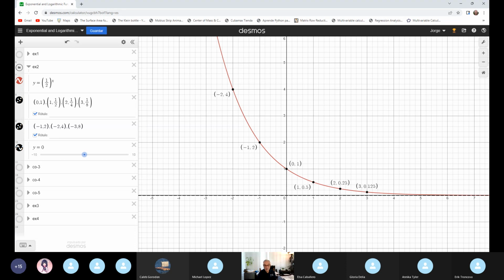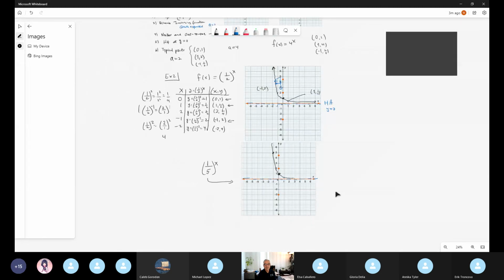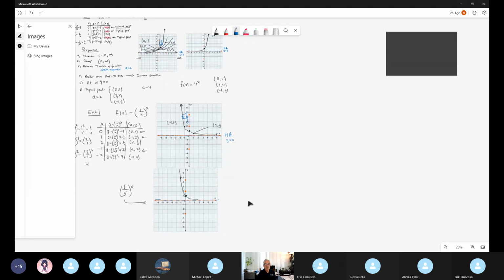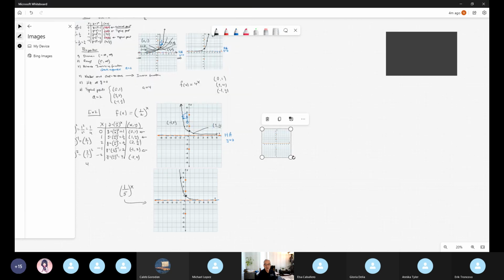Okay, one more thing. I need to explain. Let me try to share the whiteboard. You see the whiteboard? Yes. Okay, one interpretation of the differences. Look.